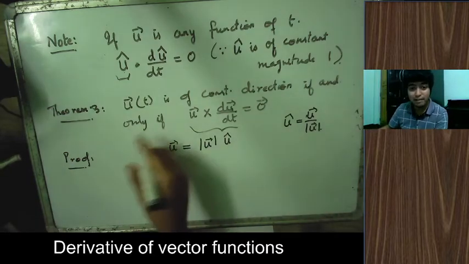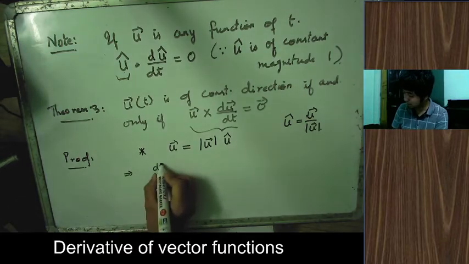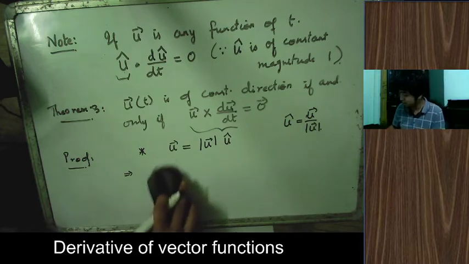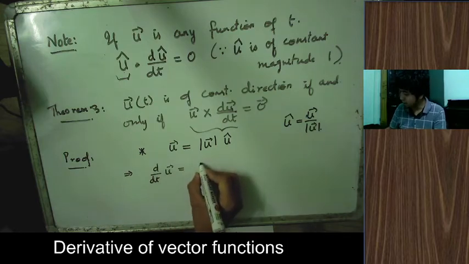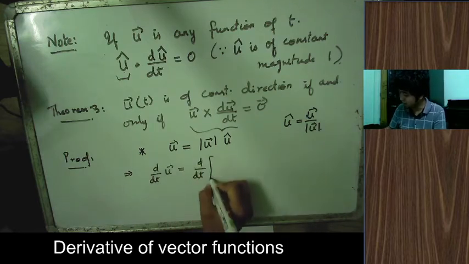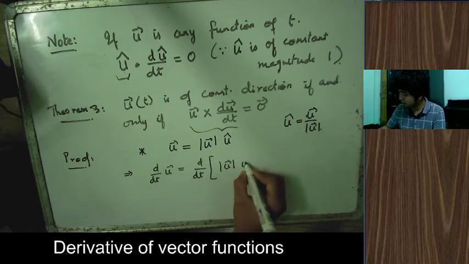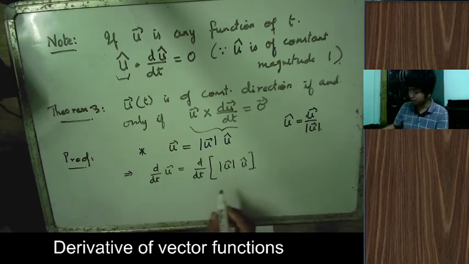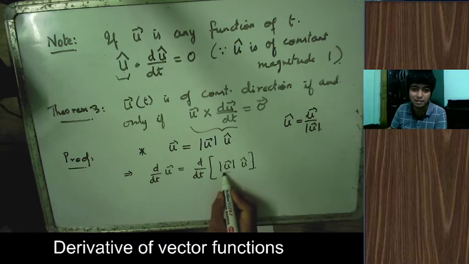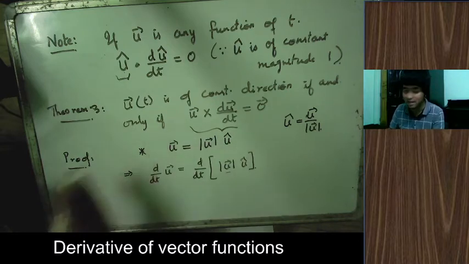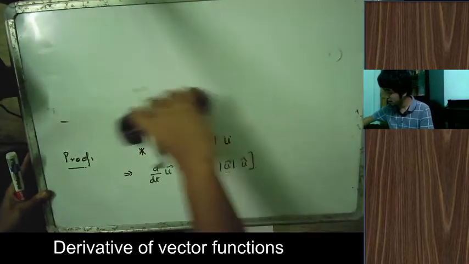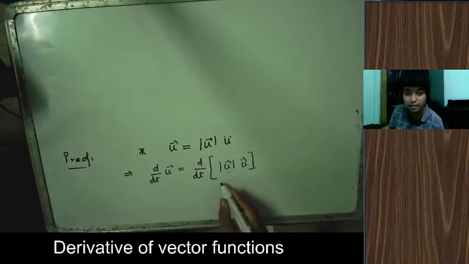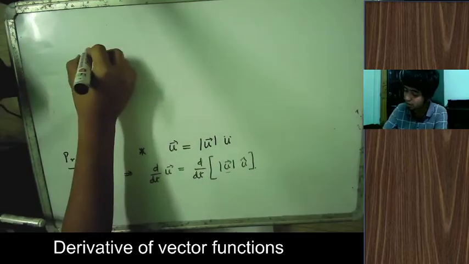What we will do is differentiate both sides with respect to t, so d/dt of the left side equals d/dt of this one. This magnitude is a scalar, but it is not constant because the vector doesn't have constant magnitude, so you cannot take it outside. We need the product rule.